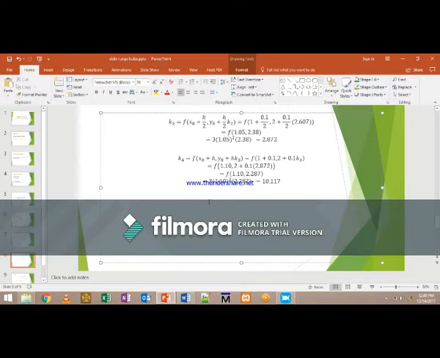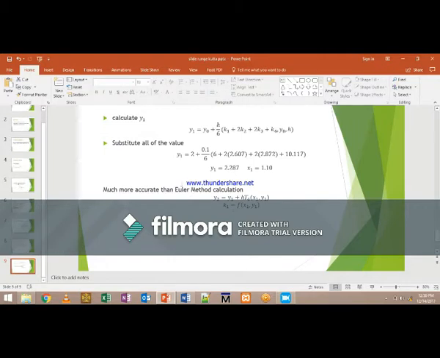10.117. Once we have these 4 values, we calculate the value of y1, which is y1 equals y0 plus h over 6 multiplied with k1 plus 2k2 plus 2k3 plus k4, with y0 and h.